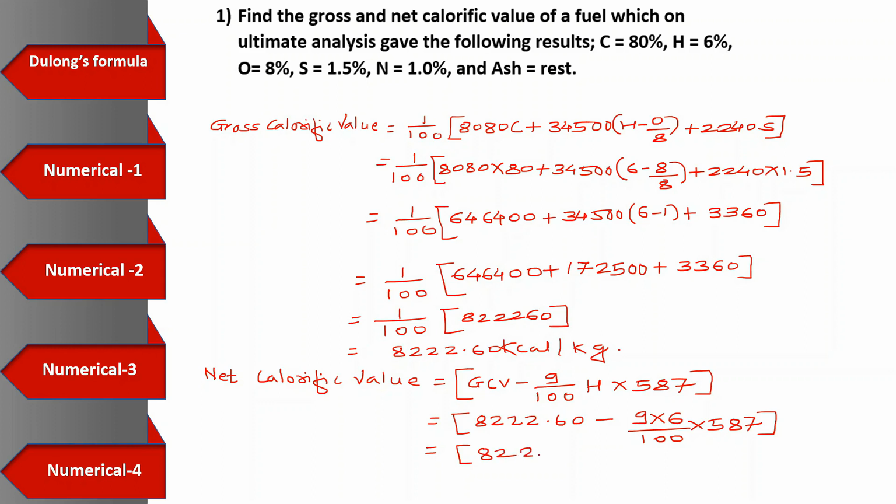So 8222.60 minus, by calculation, 316.98, and the total answer is, by calculation, 7905.62 kilocalories per kg. So this is our answer. First we calculate the gross calorific value, and in the next step we calculate the net calorific value of the provided fuel.